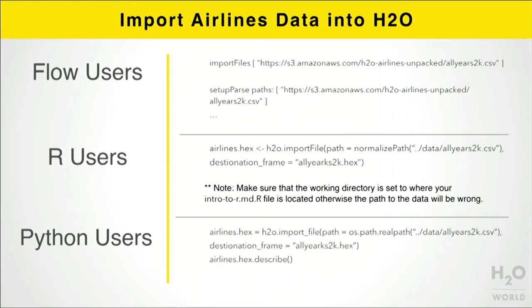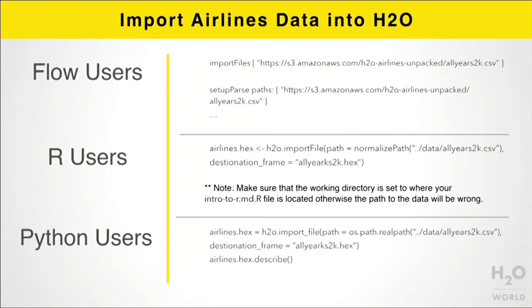For our R users, one quick note is the data set path is relative to where you have your R notebook open. So here I've normalized the path so you get the absolute path, but make sure your working directory is set to whatever working directory the script is sitting in. So it should be intro to R, Python, and Flow directories, and then it'll automatically read in the data.